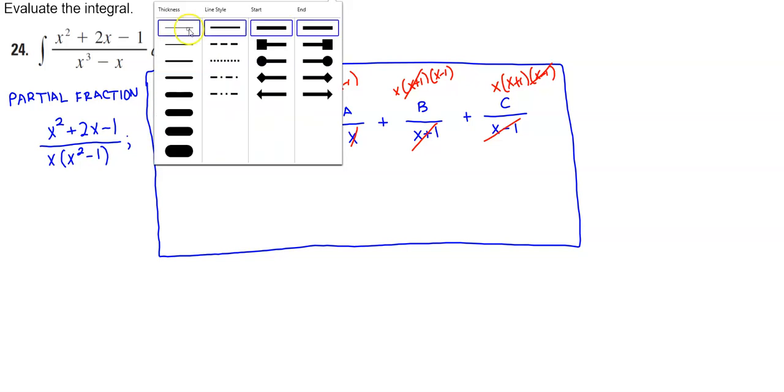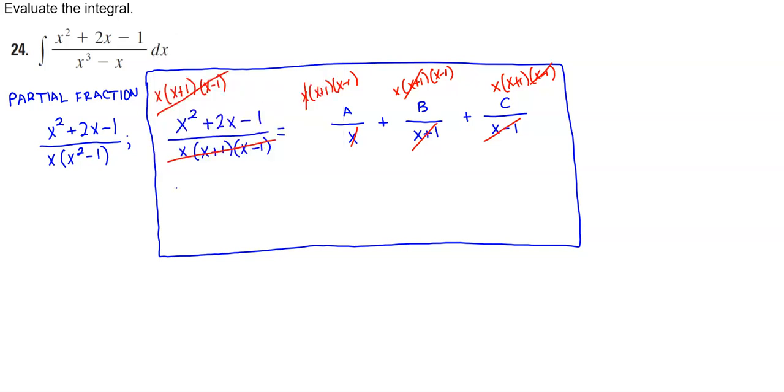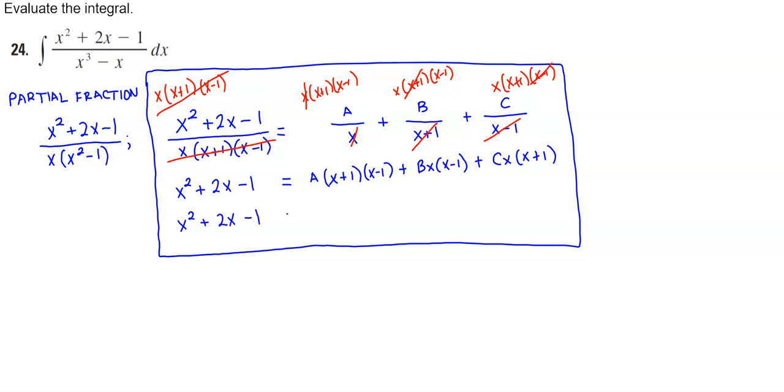So now let's go ahead and write this out. So we have x squared plus 2x minus 1, which is equal to A times x plus 1 times x minus 1, plus B times x minus 1, plus C times x plus 1. Okay, so now let's distribute the A and then multiply everything out. So we have x squared plus 2x minus 1.